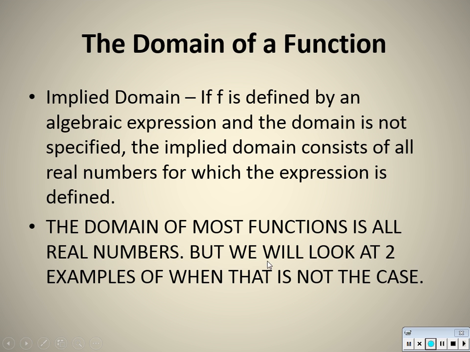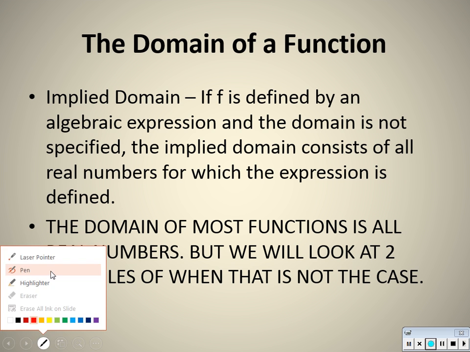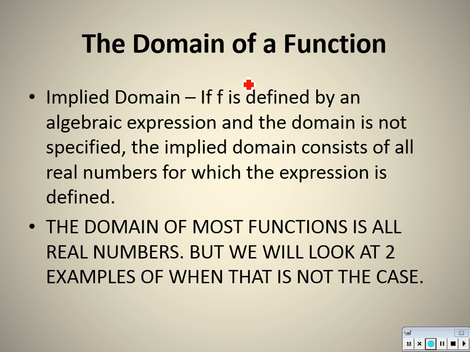So a couple things about the domain of a function. What we're basically looking at with domain, and you guys have done some different things in the past with domain and range back in Algebra 2, is what's known as the implied domain.